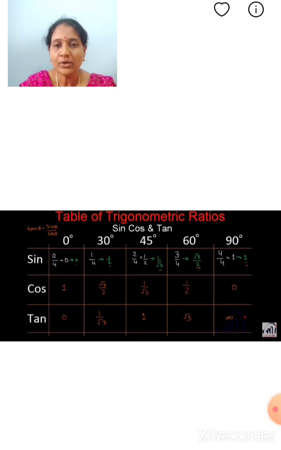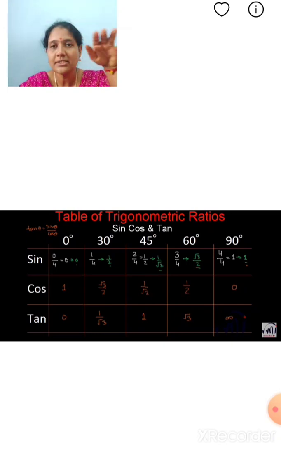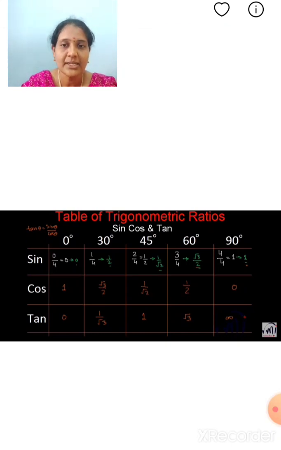Then sin 0 comes under cos 90. That is, these are the sine values, first line. When you write from the other side, you will get the cos values. That is cos 0 is 1, cos 30 is root 3 by 2, cos 45 is 1 by root 2, cos 60 is 1 by 2, cos 90 is 0.